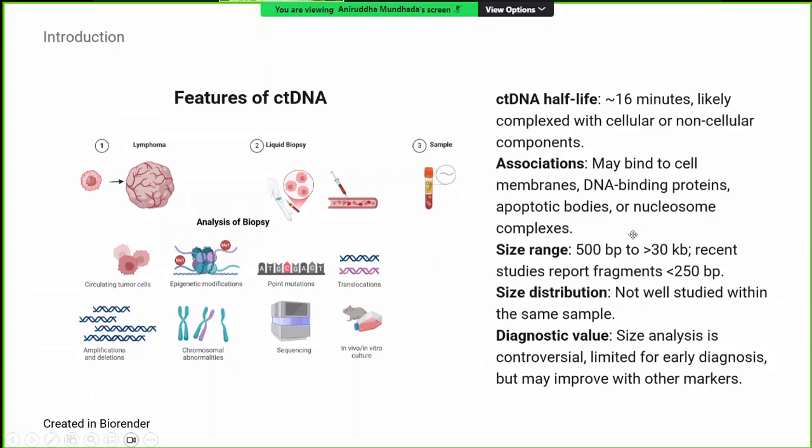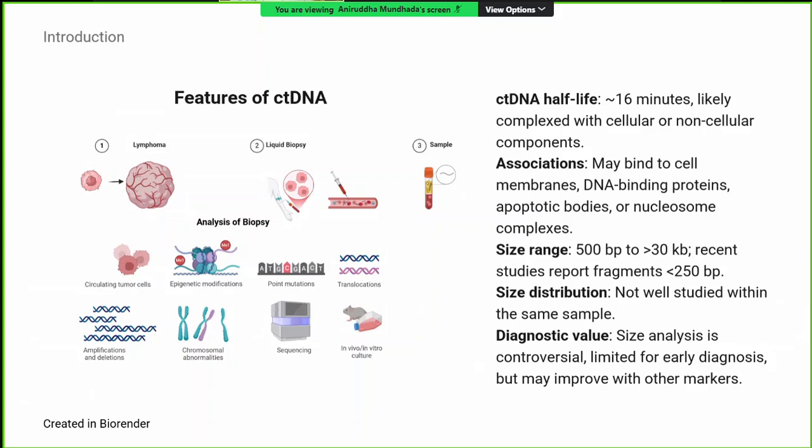The size ranges from 500 base pair to more than 30 kb, but there are recent reports which suggest that these are very small fragments. As the technology evolves, it can detect more short fragments of circulating tumor DNA as well. The size distribution in the same sample has not been studied, but it has been studied in different disease conditions, and it has been shown to be different in different cancers.